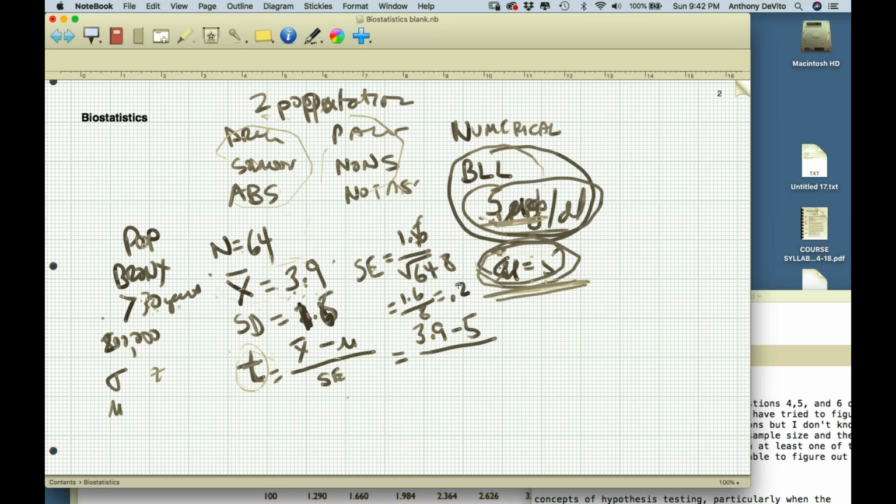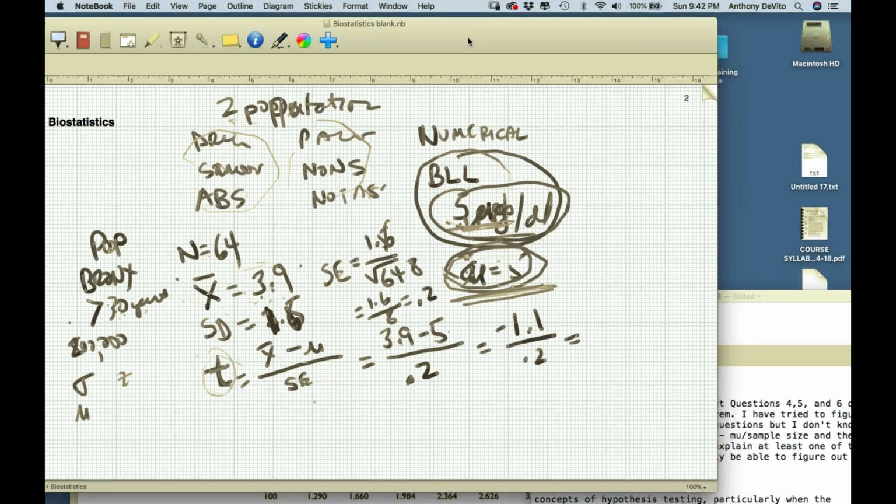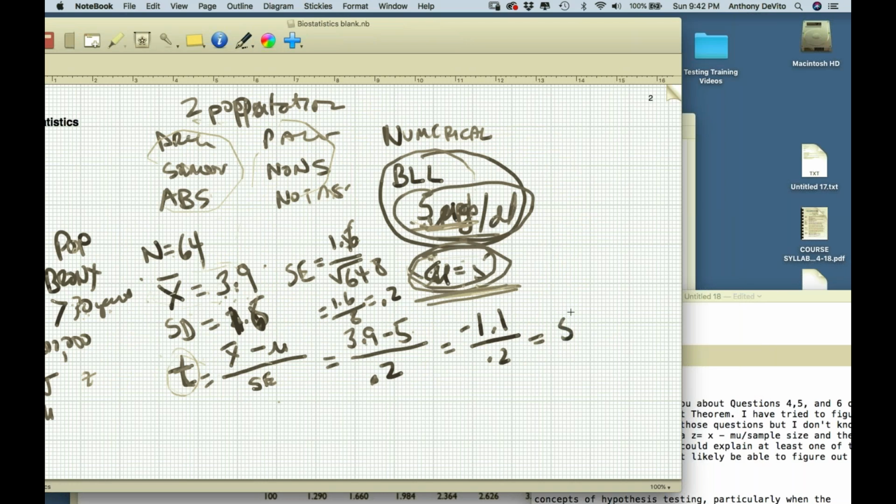Am I right about that? Yes, I am right about that. It's equal to 0.2, right? So it's 3.9 minus 5 over 0.2, the standard error. That's going to be equal to negative 1.1 over 0.2, which is roughly 5.